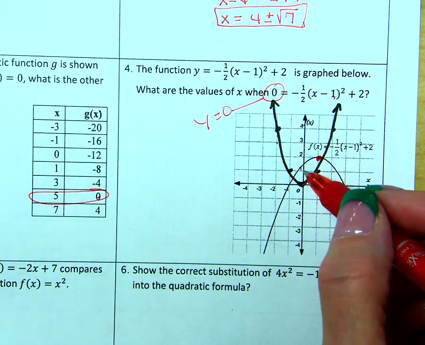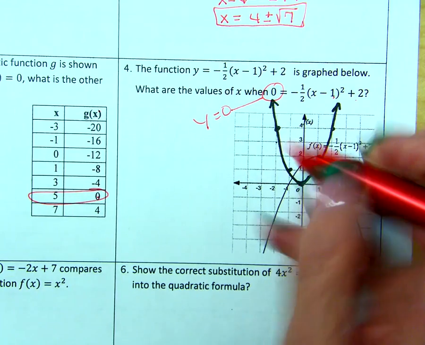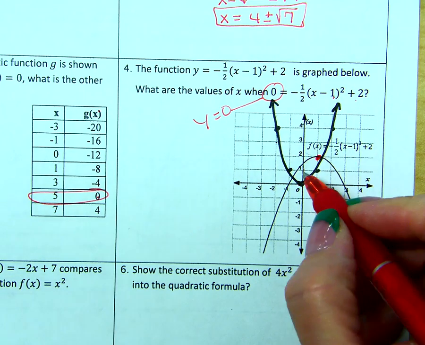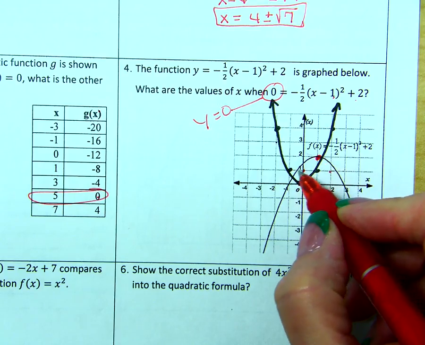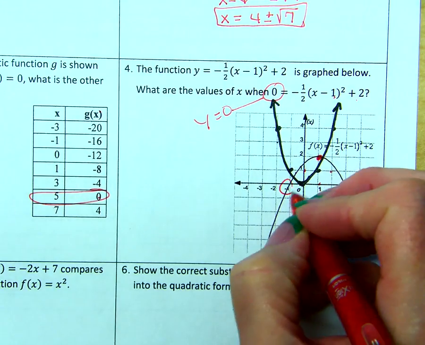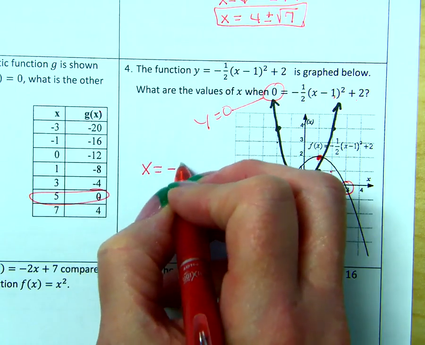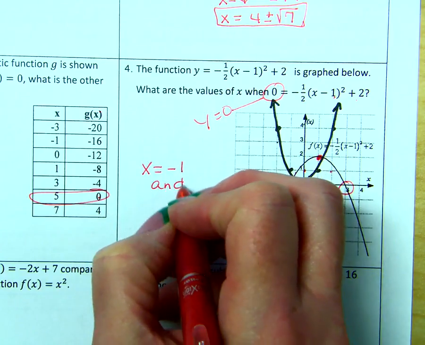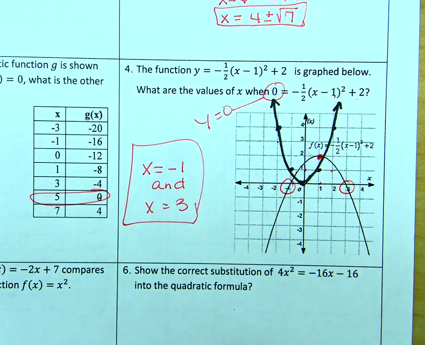And it ended up to be wider because we found out in class that if this were not a 1/2, then our points would be here and here. But as you can see, it has gone out wider from where those points would be. But we are looking for the solutions on this one, and so we have solutions here and here. So x equals -1 and x equals +3 are the solutions to number 4.